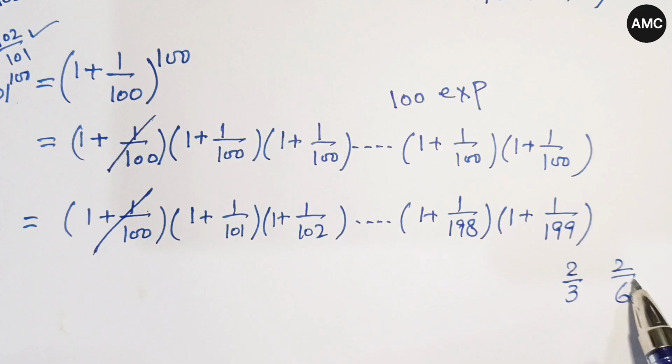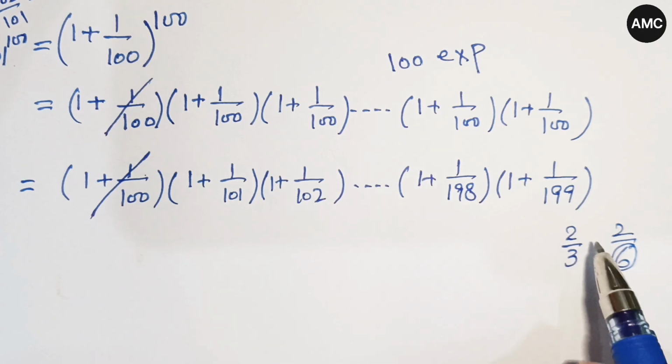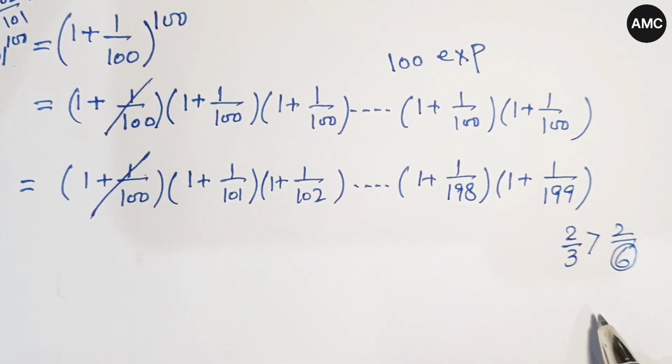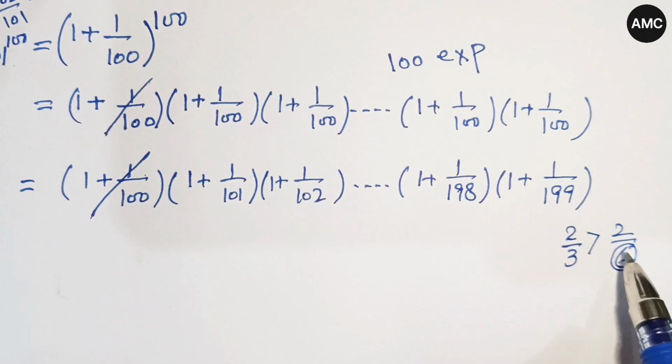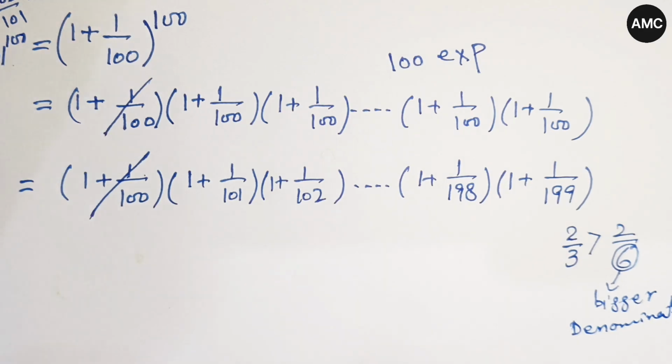Here 6 is the bigger denominator and 3 is the lower denominator. A bigger denominator does not mean a bigger fraction; it means a lower fraction. So 2 over 3 is always greater than 2 over 6, because 2 over 6 has the bigger denominator. A bigger denominator always gives a lower fraction.